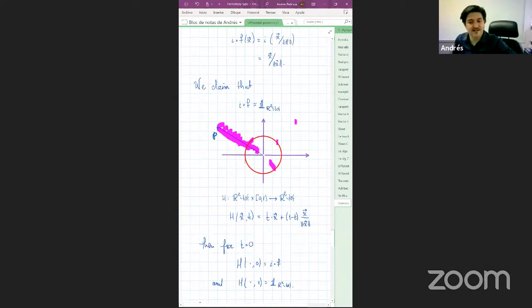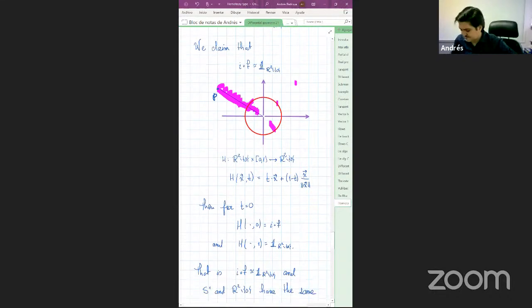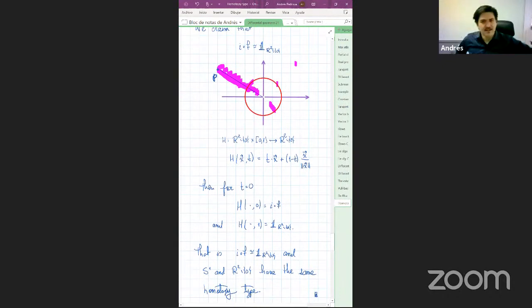And moreover, because it does what we expect at time equals 0 and 1, it is a homotopy between the two maps. And the circle and the punctured plane have the same homotopy type.